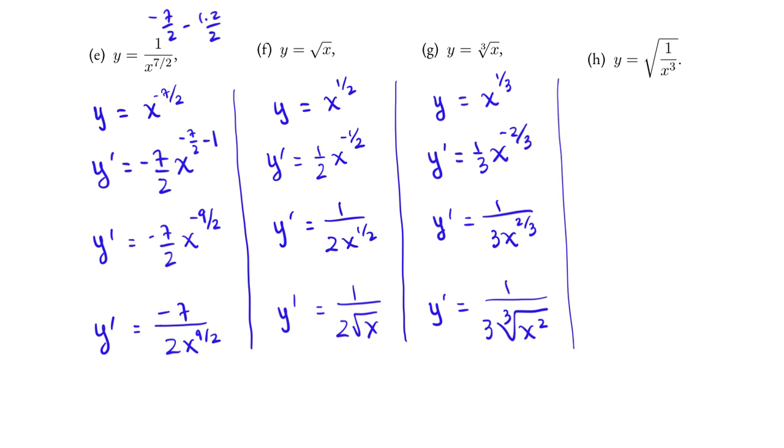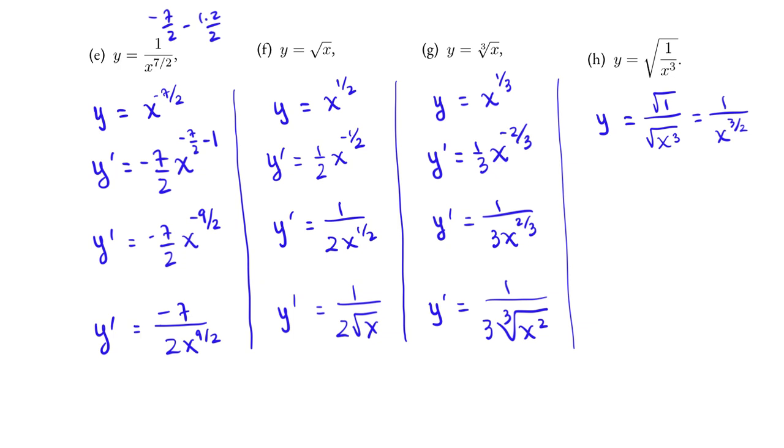And lastly, for part H, first we will need to rewrite this as y equals the square root of 1 over the square root of x cubed. But 1 over the square root of x cubed is x to the 3 over 2. Remember that the square root is the principal root, which is the second root. That's why the number in the denominator is 2.